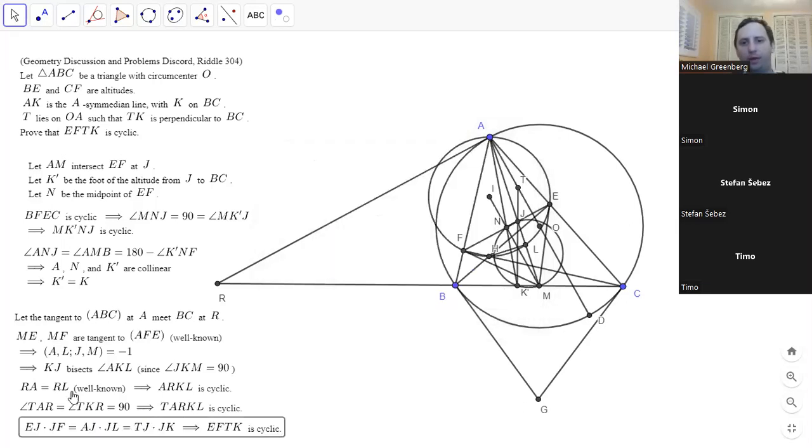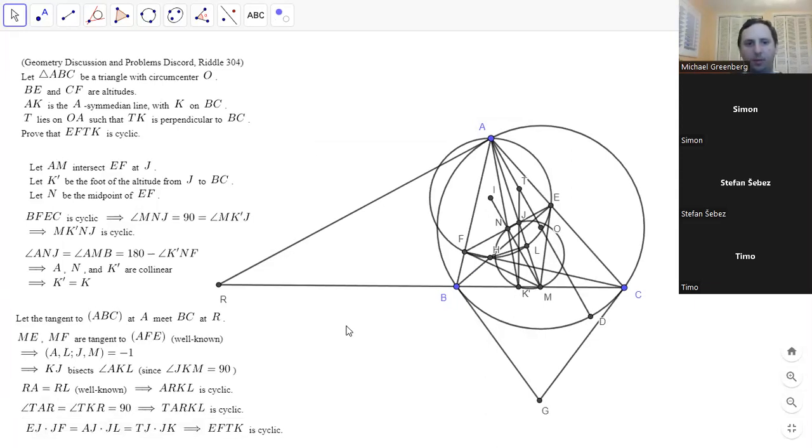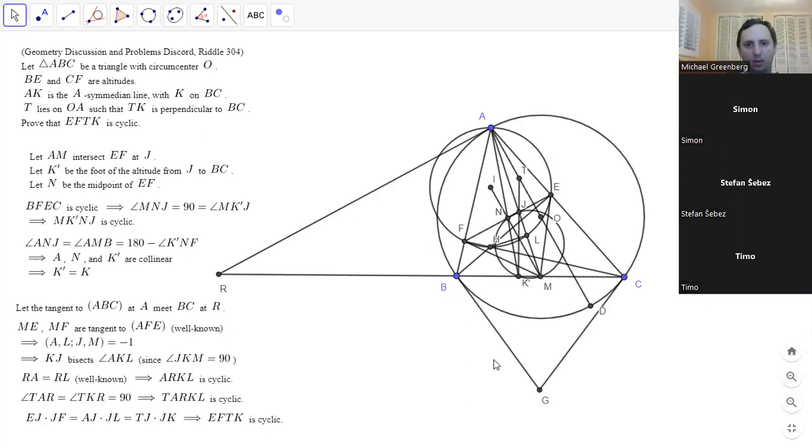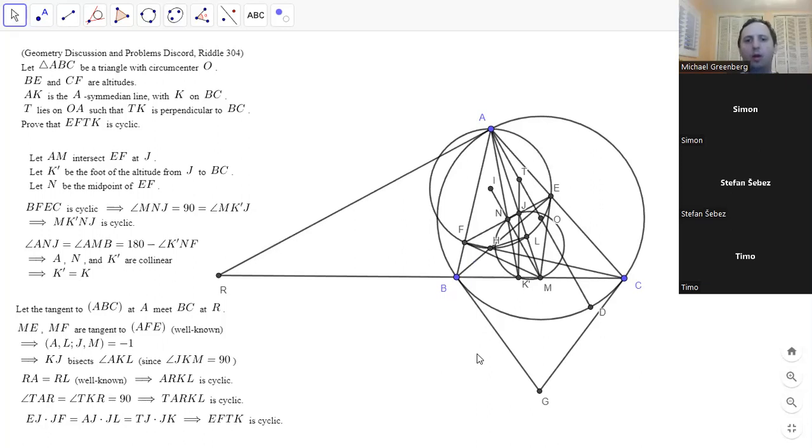So we use this fact that RA equals RL. I'm just trying to remember. Basically, that means that the Humpty point lies on the circle centered at R with radius RA. This is the Apollonius circle of ABC through A, and to get this, you must do an angle chase.